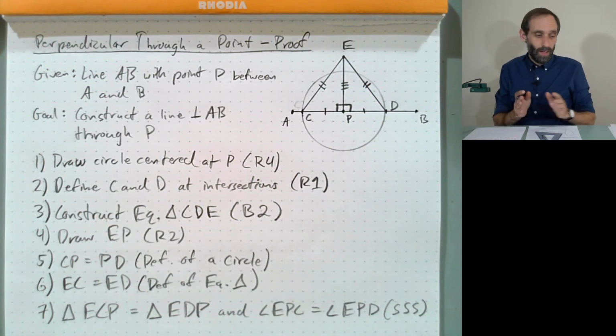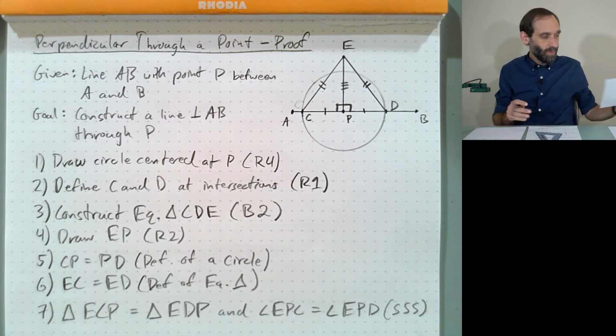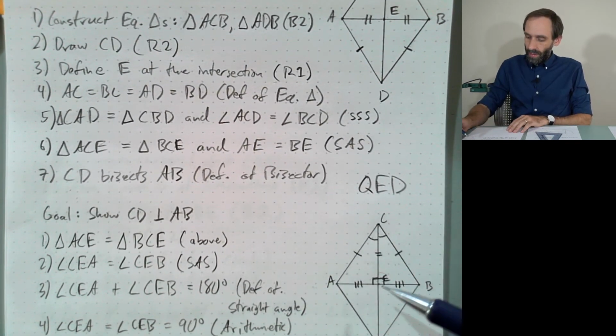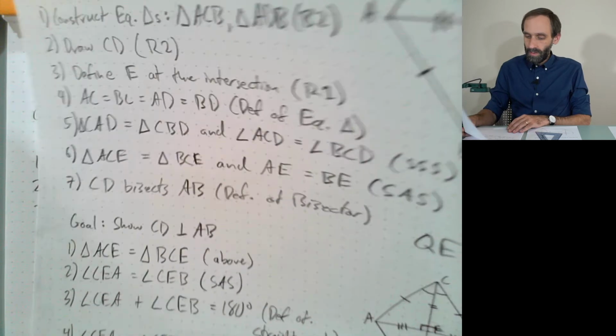Now you may recall in our proof from the previous video, when these 2 angles add up to 180 and they're equal to each other, they must be perpendicular.